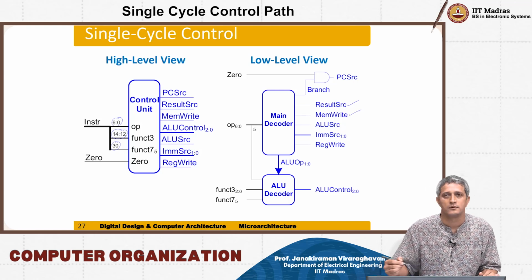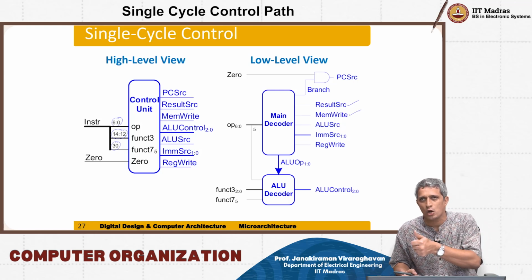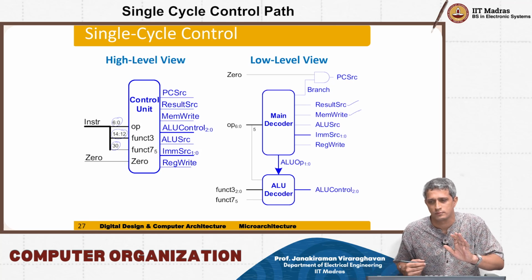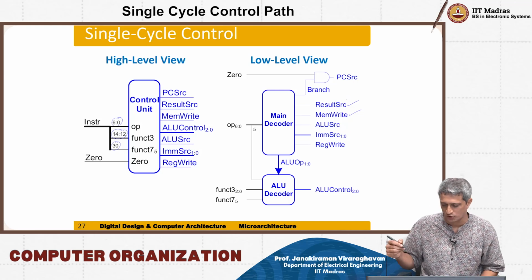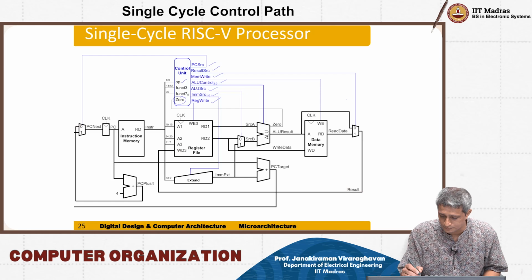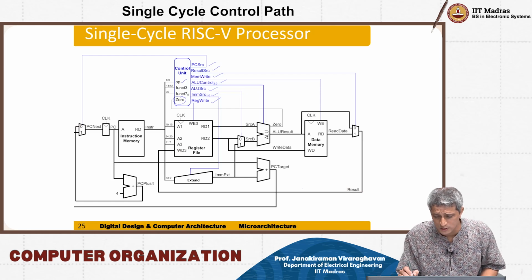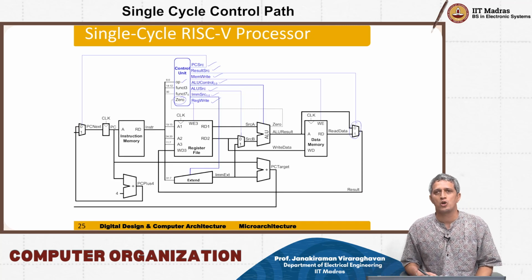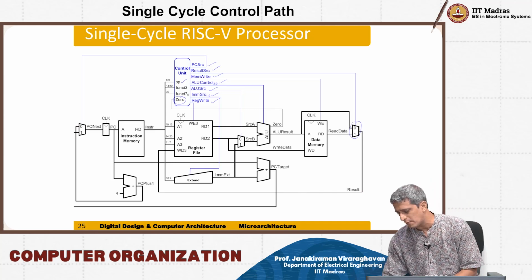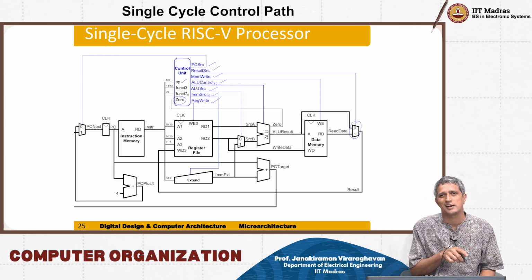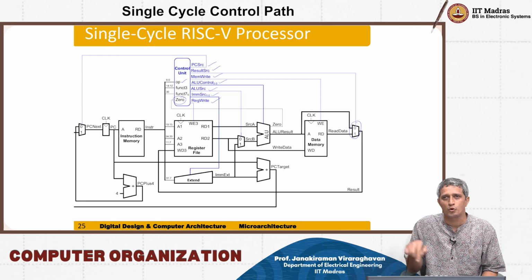The mem write: whether you do a mem write or not is determined by whether it's a store type instruction or not. The result source is the control that is going to select this mux, choosing between reading from memory or the ALU output itself.